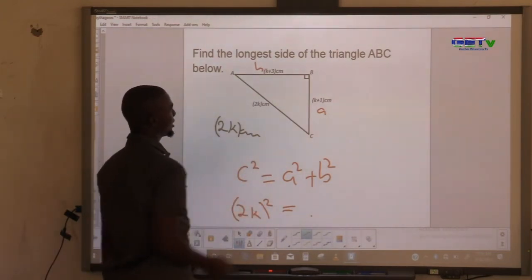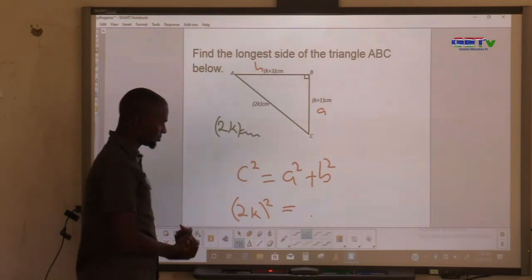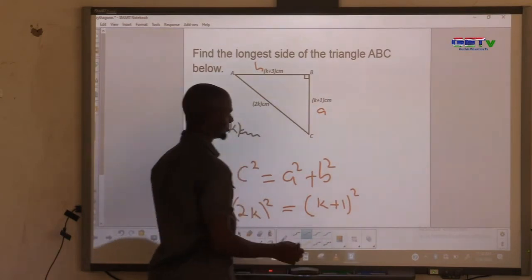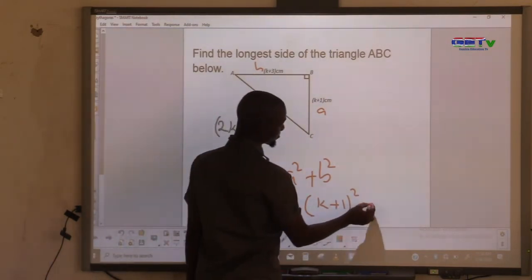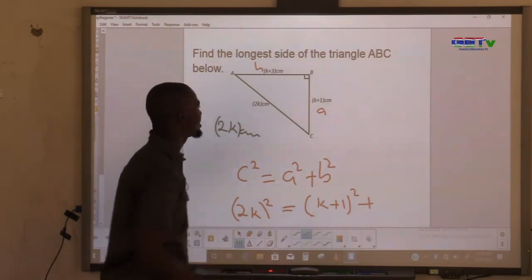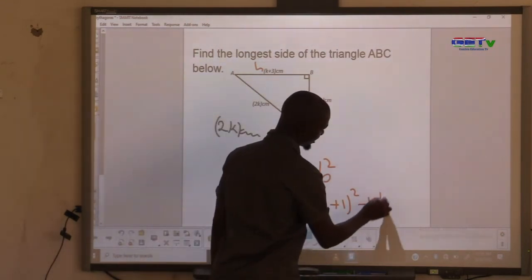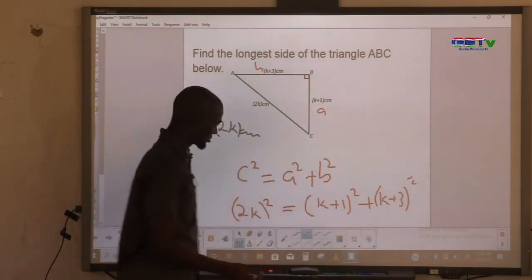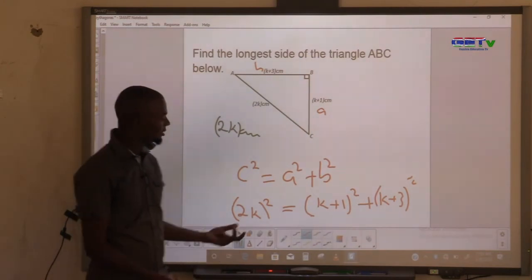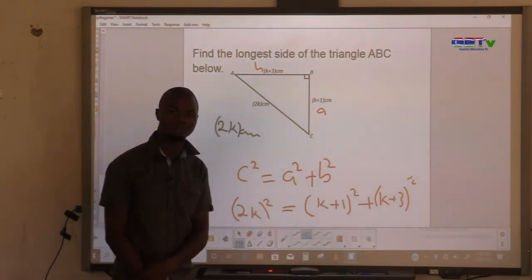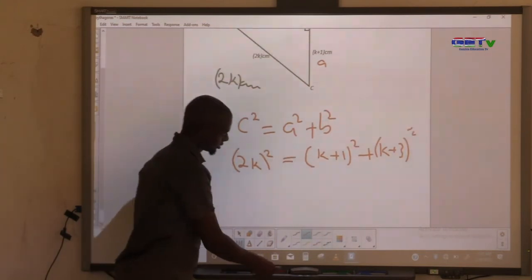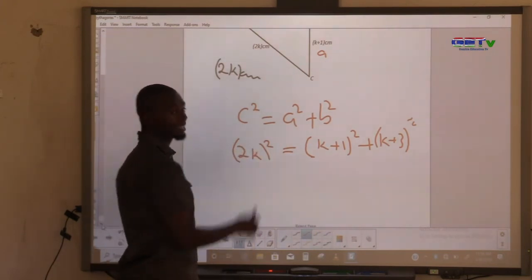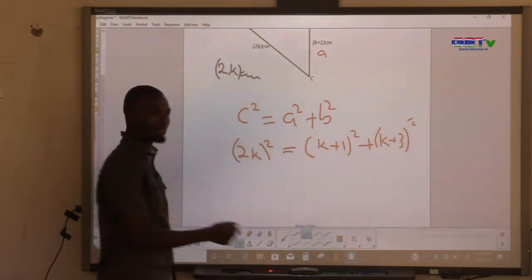So 2k square, and this one now a is k plus 1. So we will have k plus 1 whole square. That is a. What is b? From the diagram, our b is k plus 3. So you will have k plus 3 whole square. Now we will expand these to get the value of k. 2k square: this square affects the 2 and the k, and the relationship between them is multiplication.